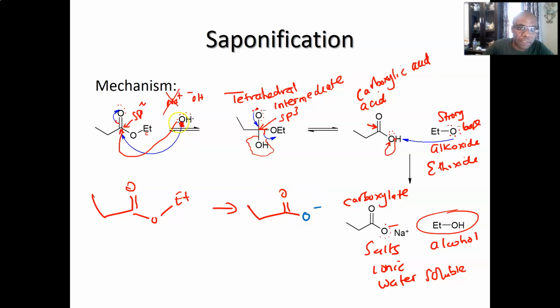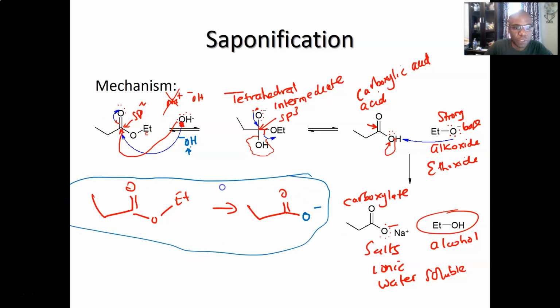This blue oxygen came from OH minus because that's the oxygen that attacked the carbonyl. So you broke apart your ester using elements of water. You know, OH minus is part of the structure of water. So it's called ester hydrolysis.